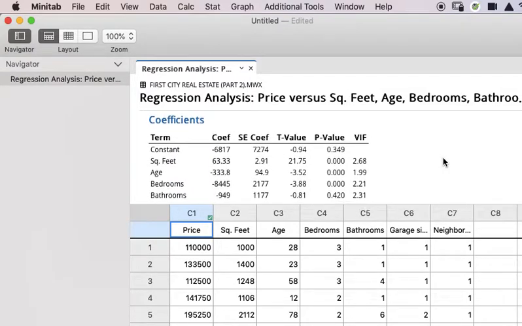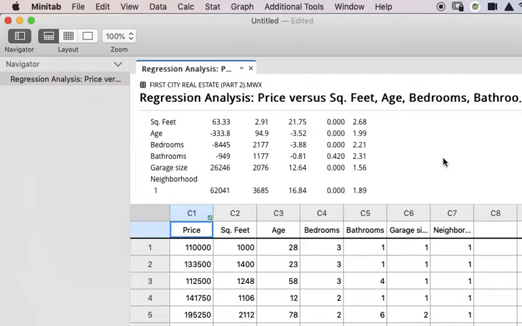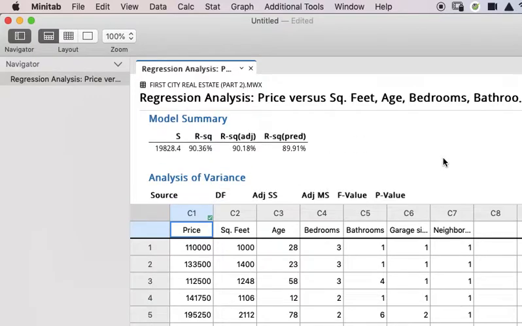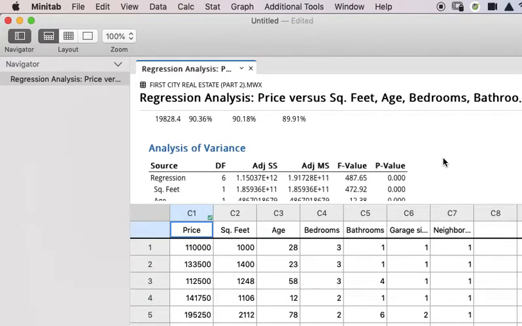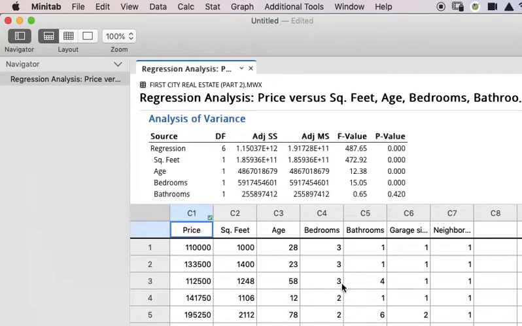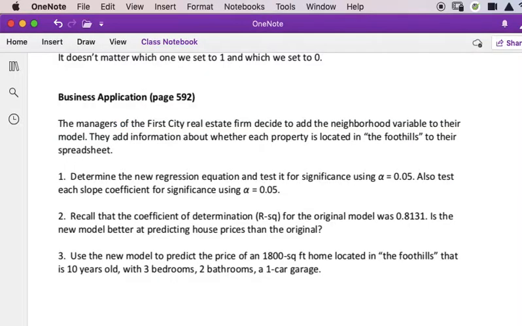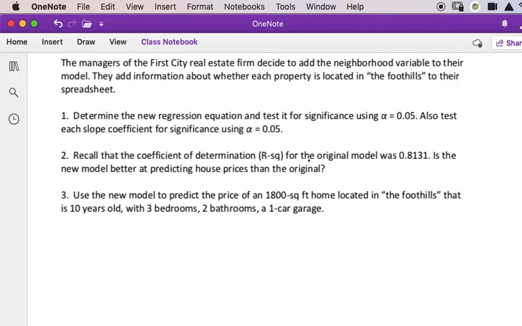So we have our coefficients here. And then we have our model summary and analysis of variance boxes. So we'll start with the overall model. We see that our F value is 487.65 with a p-value of 0.000. So I'm going to write for number 1 here.